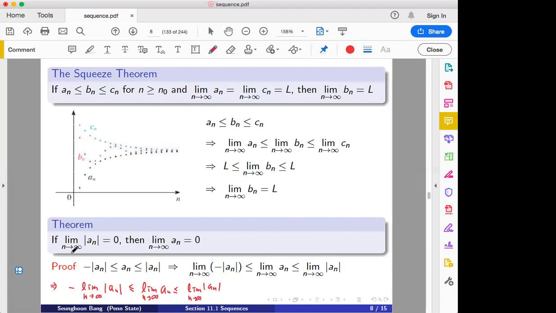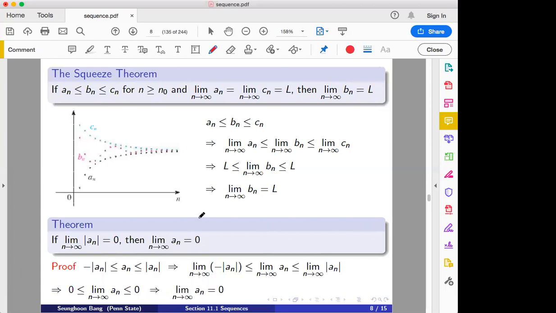We can use this assumption: the limit of the absolute value of An is 0. The right hand side is going to 0. The left hand side is going to 0. So the middle one is also 0. So we have this conclusion.